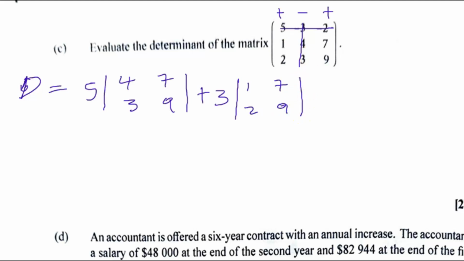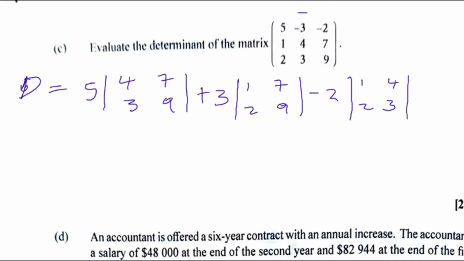And then the final term in the top row is negative 2. So we keep the sign. And the cofactor of negative 2, cross out the row it's in, cross out the column it's in, and you're left with 1, 4, 2, 3. So that's how we get the cofactor for each value in the top row.